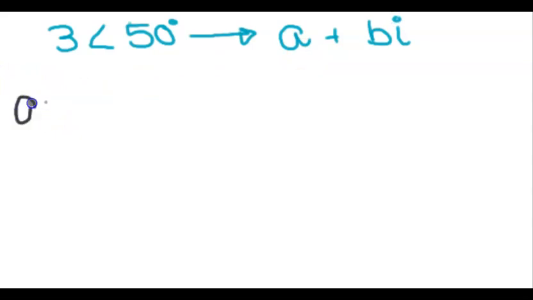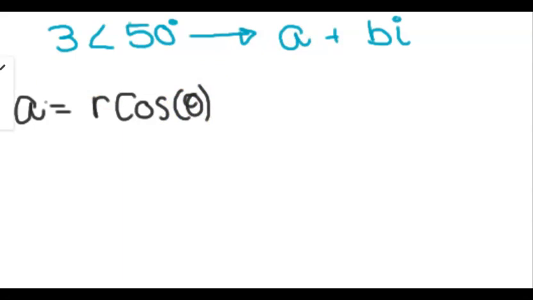Okay, so I need to find the A. A is equal to R cos theta, because we know that one, and the A is this one, and we know the R is this one. Sorry, different color, red. R is that, and the theta is that.